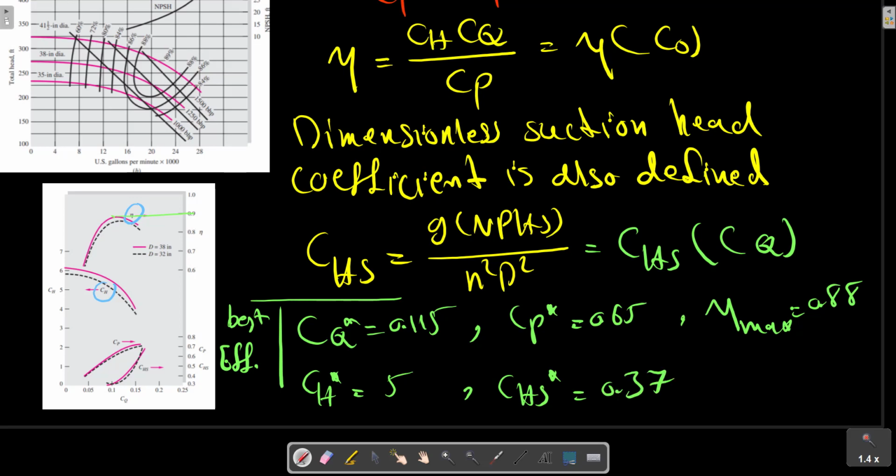This value can be used to estimate BEP performance of any size pump in this geometrically similar family.